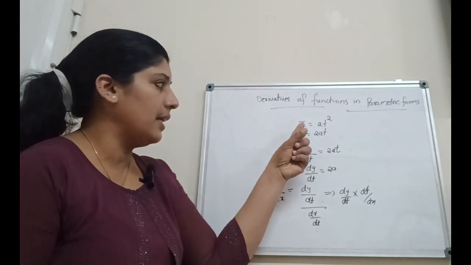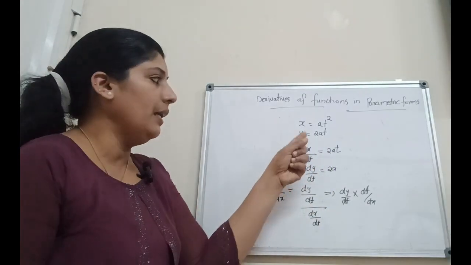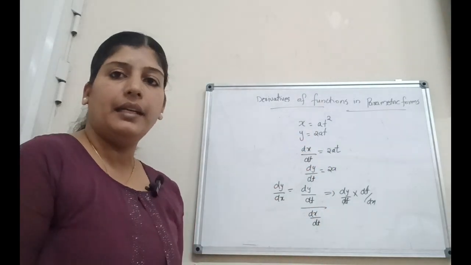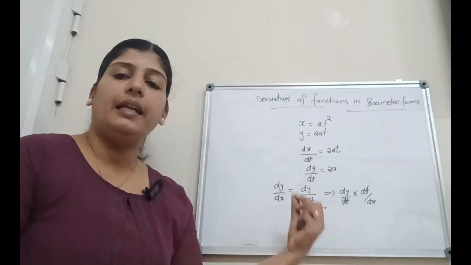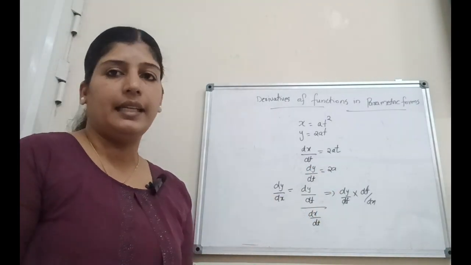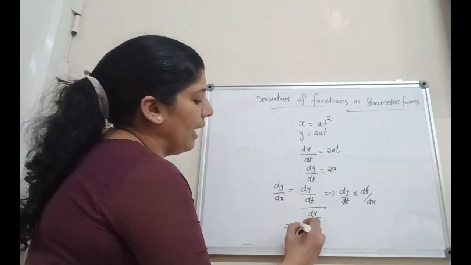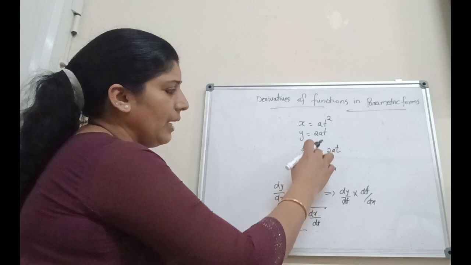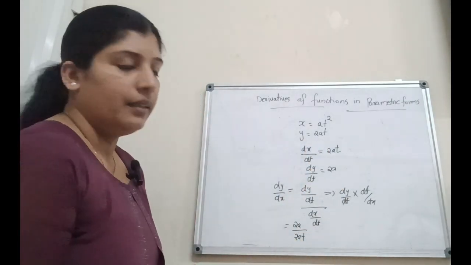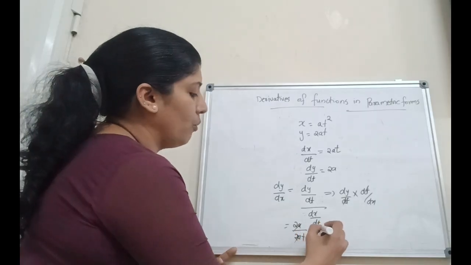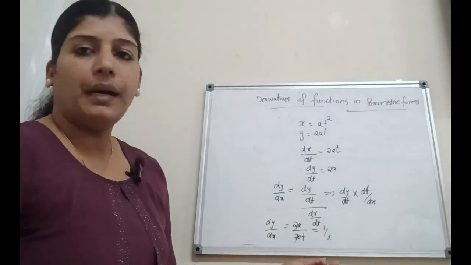Here x in variable t, therefore we have to find out dx by dt, and y in variable t, therefore we have to find out dy by dt. Then dy by dx can be written as dy by dt divided by dx by dt. Here dy by dt is 2a divided by dx by dt, which is 2at. Now 2a cancels, that is equal to 1 by t. Therefore, dy by dx equal to 1 by t.